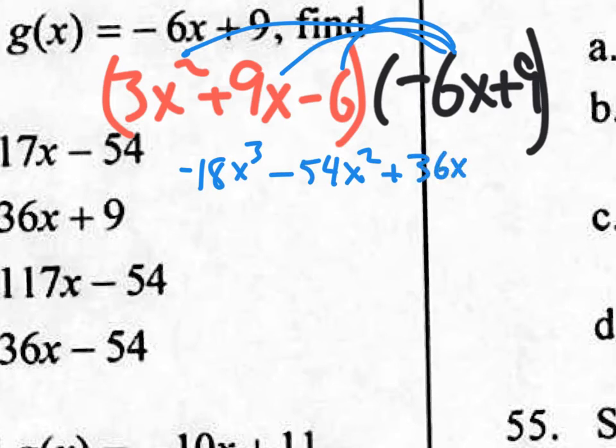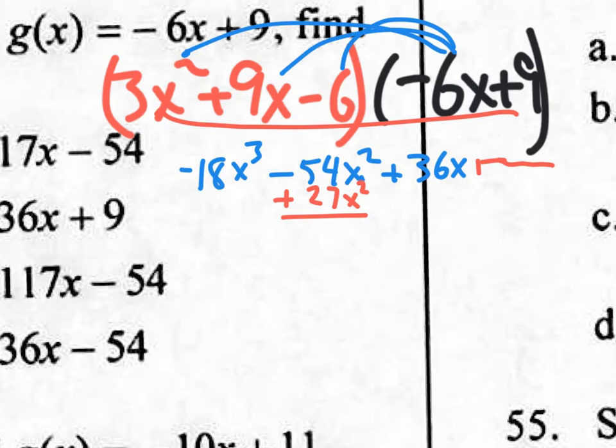And now let's distribute the second term, the 9. 9 times 3x squared, that's 27x squared, but instead of writing it over here, I'm going to write it underneath the x squared. So 3 times 9 is positive 27x squared, because I don't have to combine them anyway. And then 9 times 9x, that's going to be a positive 81x. And last but not least, 9 times negative 6 is negative 54.